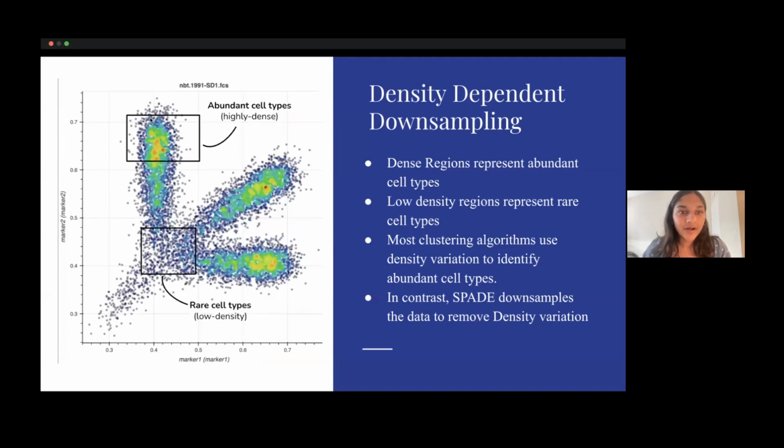Over here, the highly dense region is an abundant cell type, and the low regions are rare populations. Most clustering algorithms usually depend on this density variation to identify different cell types. But in contrast, our SPADE algorithm removes this density variation to then cluster it further.